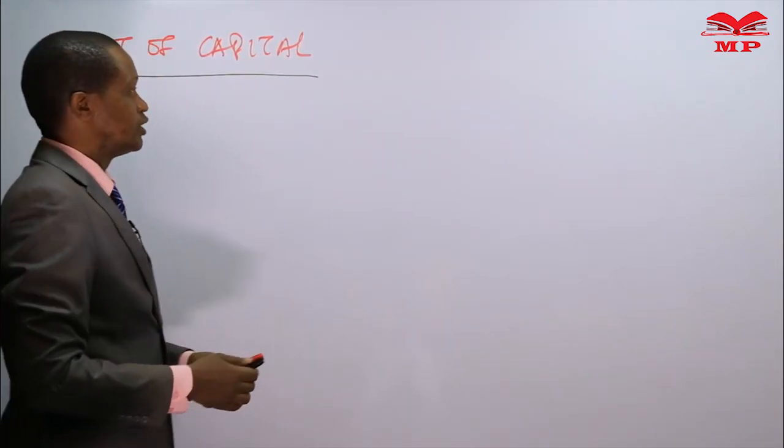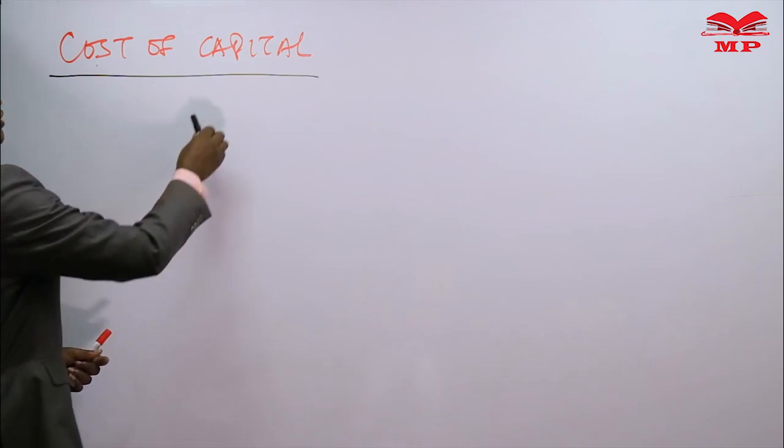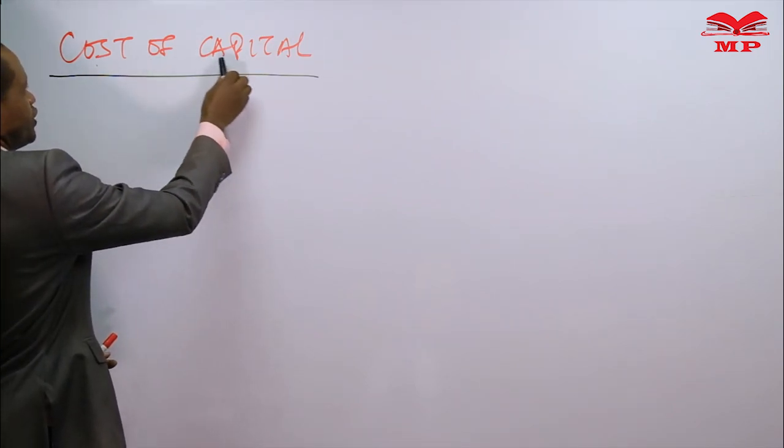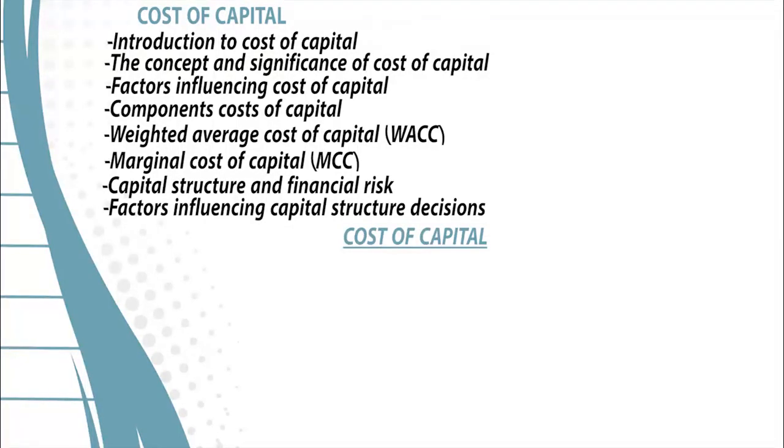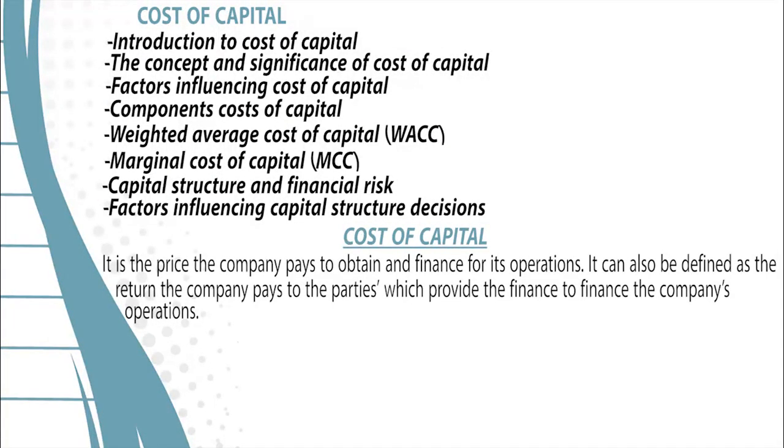So we will be looking at the cost of capital. So what do we mean by cost of capital? Now the cost of capital, as I've said, is also known as the cost of finance. It is the price the company pays to obtain and finance its operations.